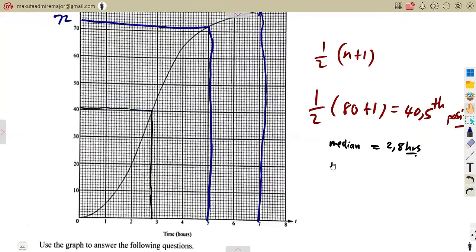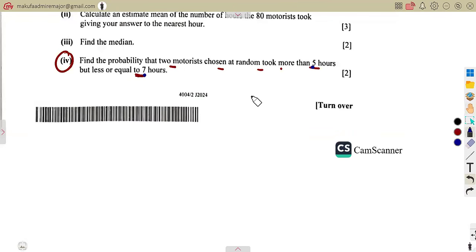So it's 78 minus 72. The difference there is how many? There are 6 motorists in that region, but 2 are being taken. So it's 6 out of the total 80, times the other one.